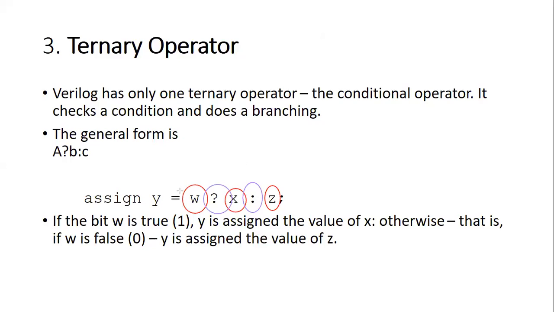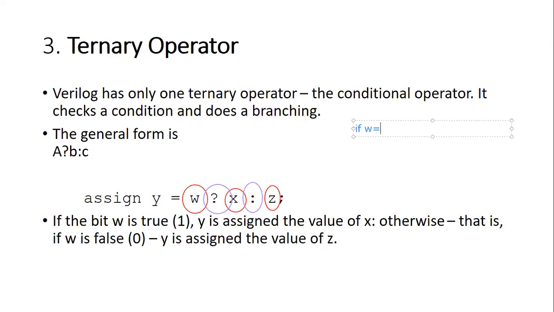Y will be equal to either X or Z. How will it be evaluated? If W is equal to 1, Y will be assigned the value of X, else it will be assigned the value of Z. So I'll write it as an if statement.